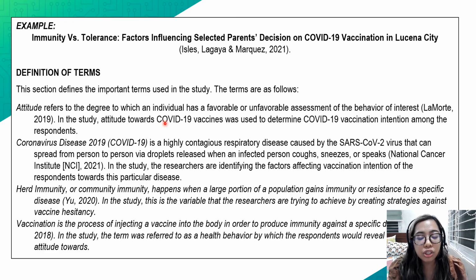So, as much as possible, ang terms na kailangan i-define is a minimum of 5. Okay? Pero hindi dapat 5 lang. Minimum nga lang yun eh. So, dapat lahat ng variables na gagamitin nyo nandito sa definition of terms. Lahat ng unfamiliar, lahat ng technical words na andito sa definition of terms.